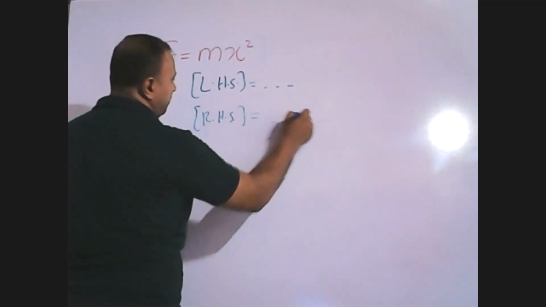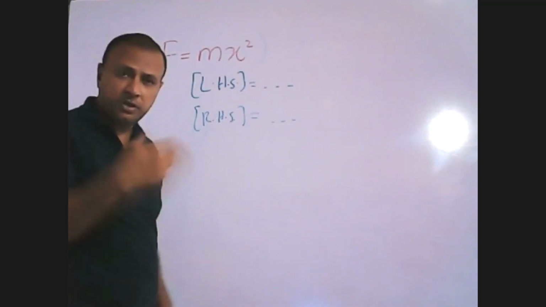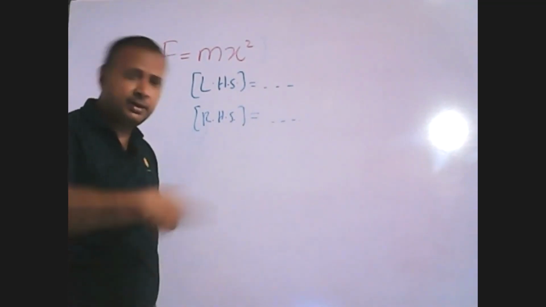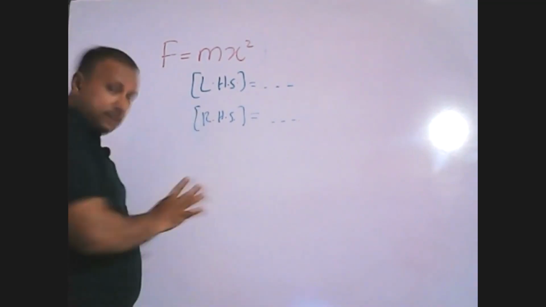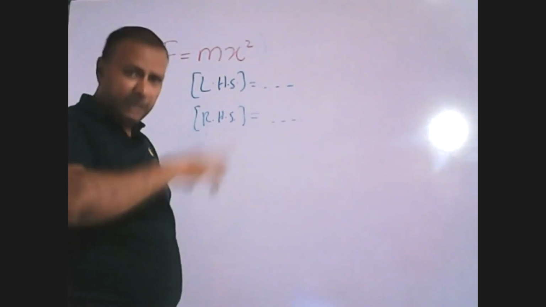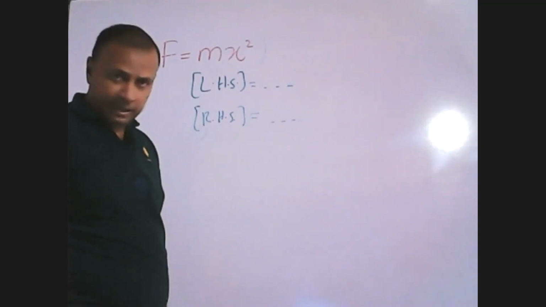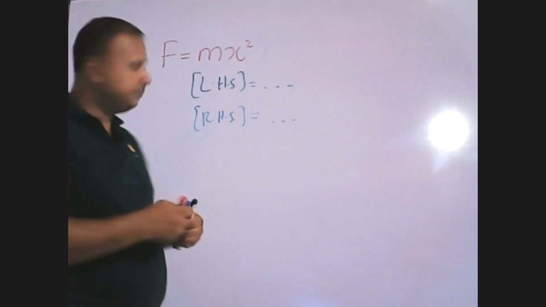If they are the same, then you can say dimension of RHS equals dimension of LHS, so the equation is dimensionally correct. If they are not the same, then you can say dimension of RHS is unequal to dimension of LHS. So the equation is incorrect.